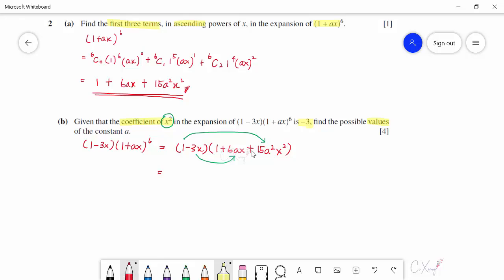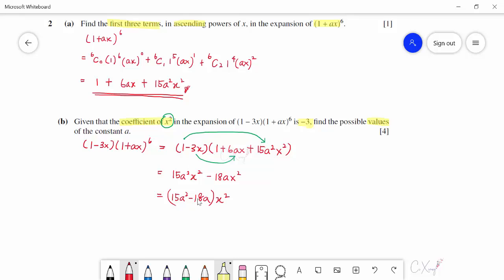So from here we continue. 1 multiplied by 15a²x² gives 15a²x². -3x multiplied by 6ax gives -18ax². If you factorize it out, 15a² - 18a, this whole thing, you can factorize out the x².